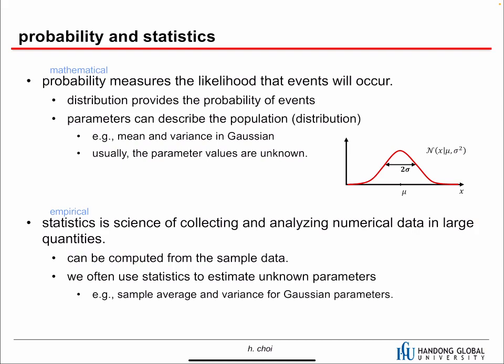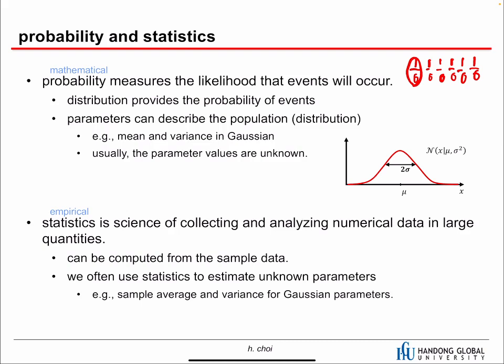And the parameters can describe the population. So, for example, if we have a dice, then 1 over 6, 1 over 6, 1 over 6, 1 over 6, 1 over 6, 1 over 6. This is the distribution, and then this is the parameter.